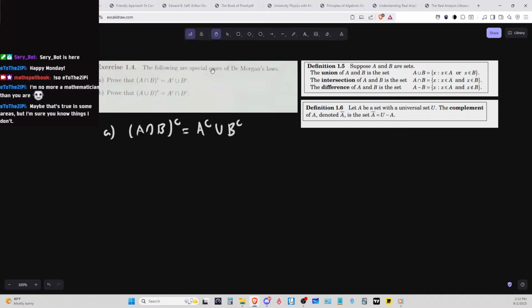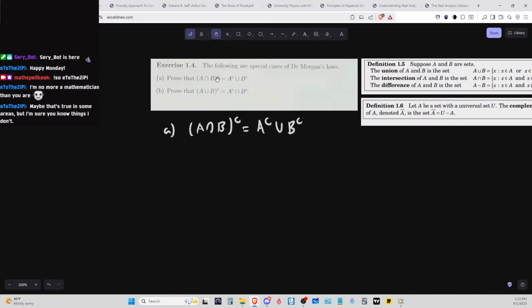So the first thing we're going to have to prove is that the complement of A intersect B, when it's not in the intersection of these two, is the union of the complements of each other.